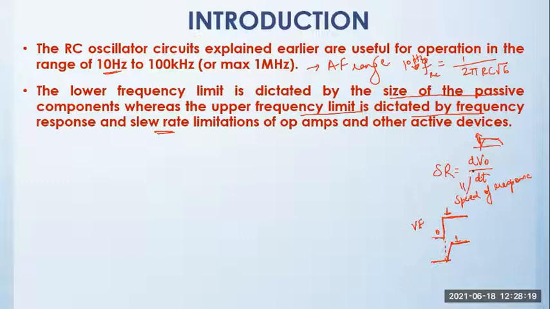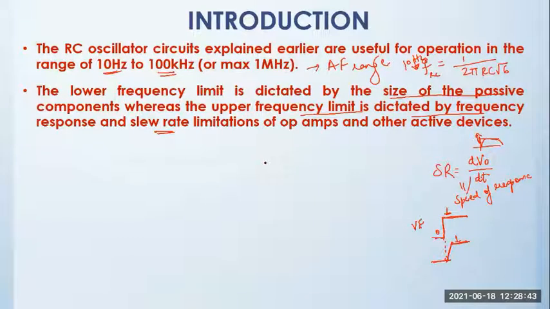The active devices cannot follow sudden changes efficiently. They will always have a slightly slower response time. We call this slew rate the response time of the active devices. So all these things will put a limitation on the higher frequency which we can get.